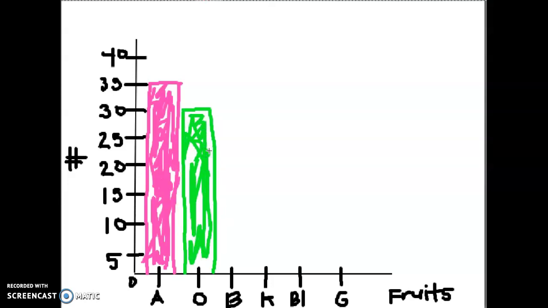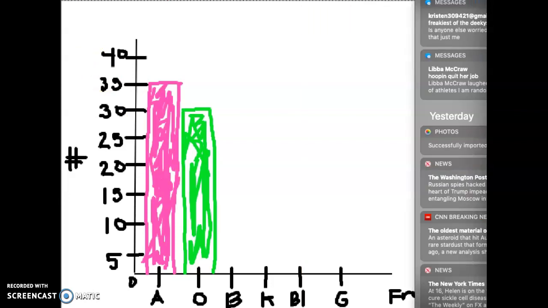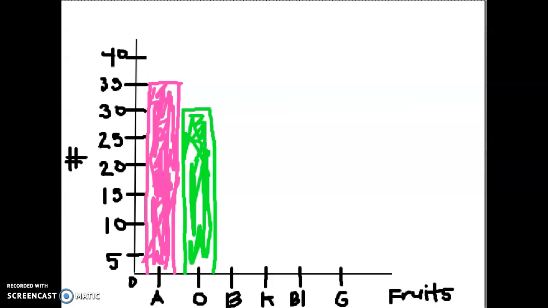And then next is banana, and so that was 10. So we're going to go ahead and find a different color, which is yellow, and we're going to find 10, which is here, and we're going to make a bar for that one. And then kiwi was 25, different color, find the 25, and then make our bar.